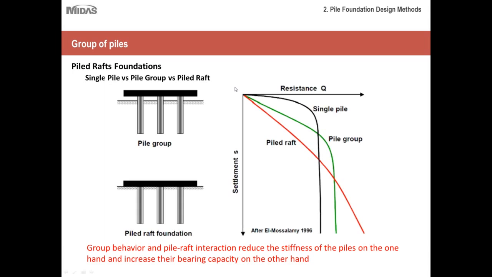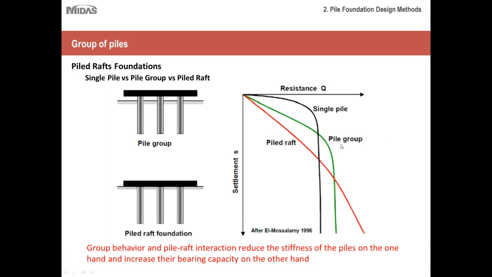If you see, this is the standard resistance versus displacement or settlement graph, and as we all know, beyond the bearing capacity of the single pile, we see a sharp failure. This failure is usually called uprooting of the pile, because the friction resistance is completely lost and the pile is fully mobilized, so it can go in or out very easily. It is not resisting any force.